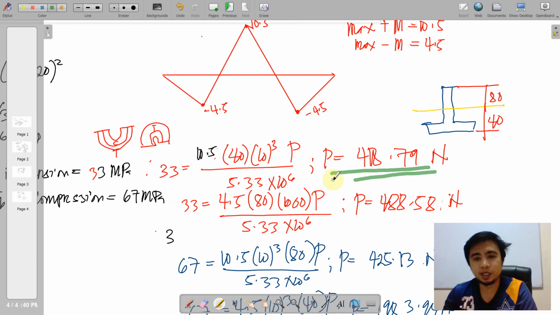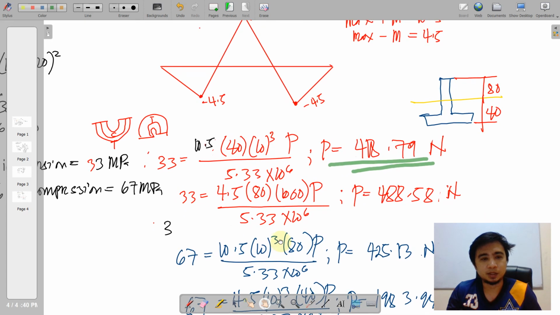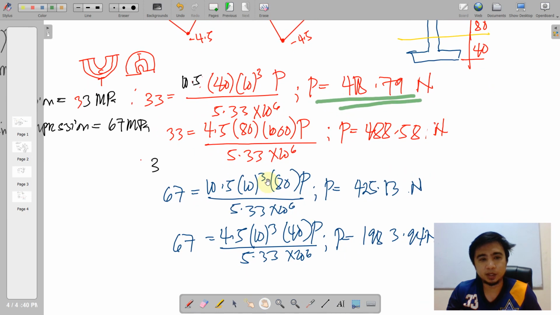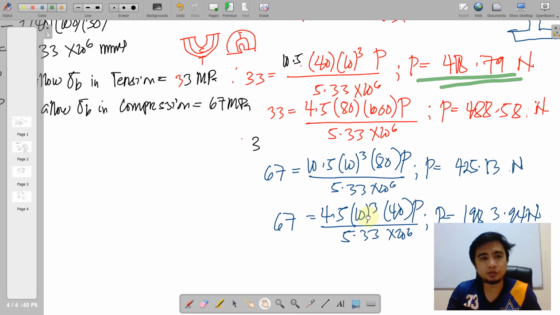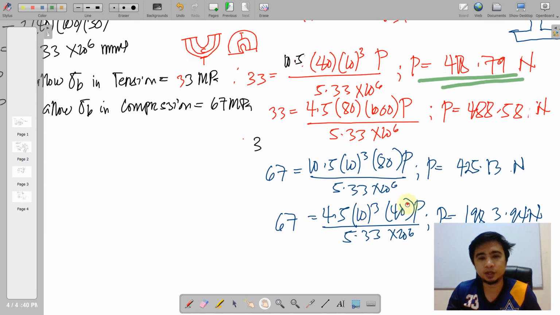Why is that we are choosing the lowest value or the lower value? Because if we are going to choose this one and then back calculate it, it will surely exceed your 33 megapascal limit. Okay, and now we proceed to the criteria of the compression, which is 67 megapascal.